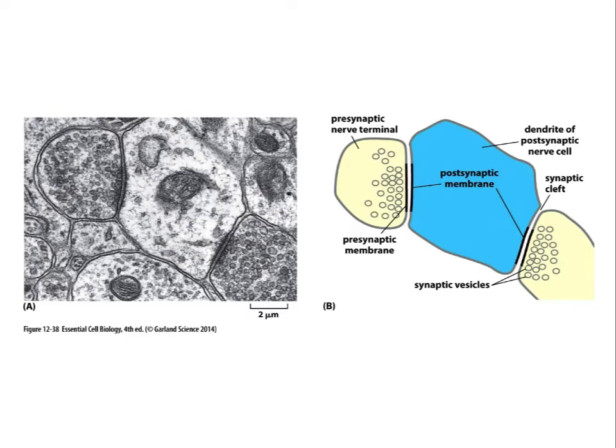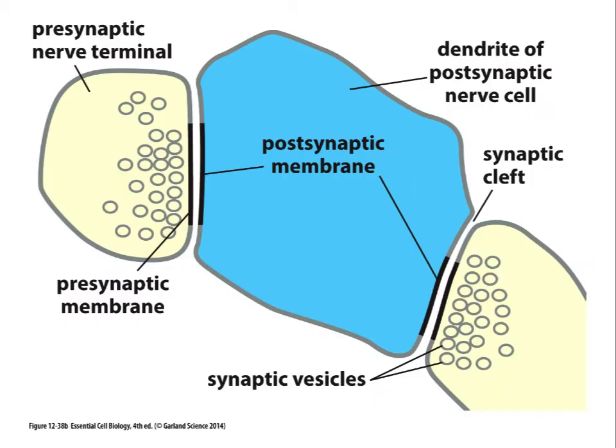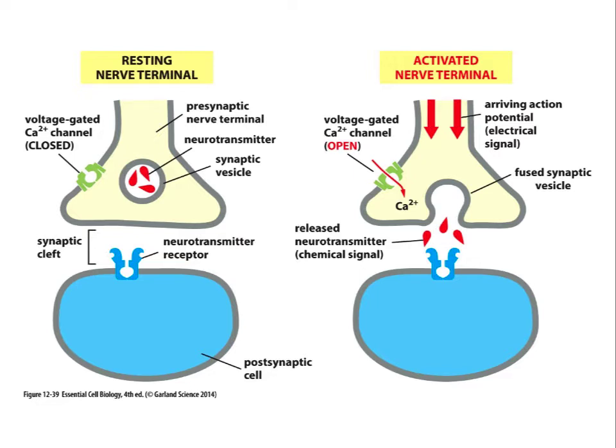So this is a pretty sophisticated process which we must learn, and that's illustrated in the remaining few slides that you see here. So this is your voltage-gated calcium ion channel, and that's activated by an action potential that travels down the axon, as we saw earlier.